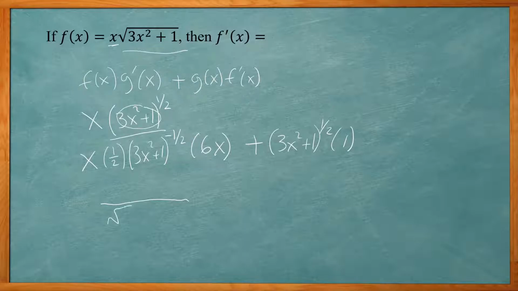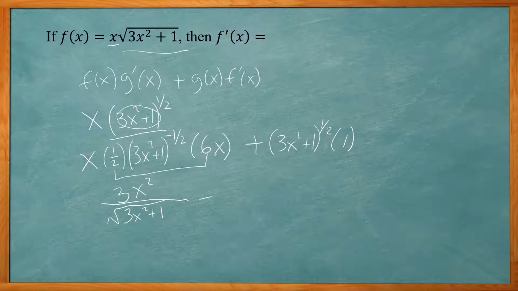So that's going to be square root of 3x squared plus 1. And then the 1/2 times 6 is going to be 3. So I have an x and another x to give me x squared. So I have 3x squared over the square root of 3x squared plus 1.